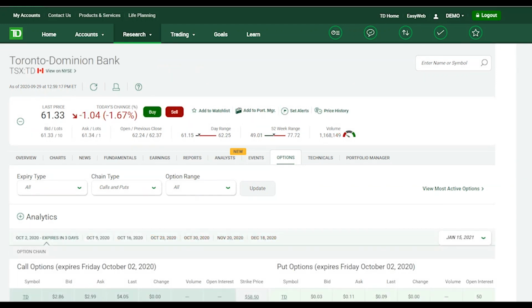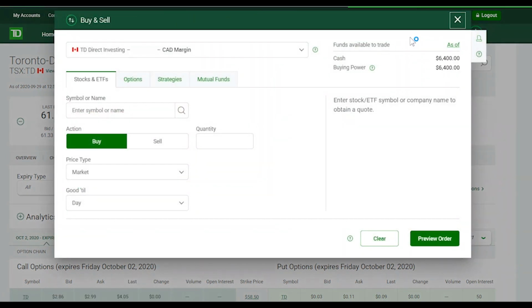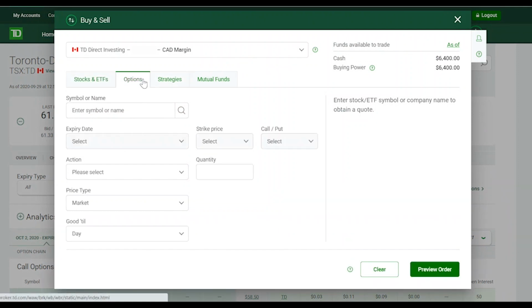Now, in order to trade your options in WebBroker, click on the Buy/Sell icon. Click on the Options tab. Enter the symbol of the security that you'd like to trade.